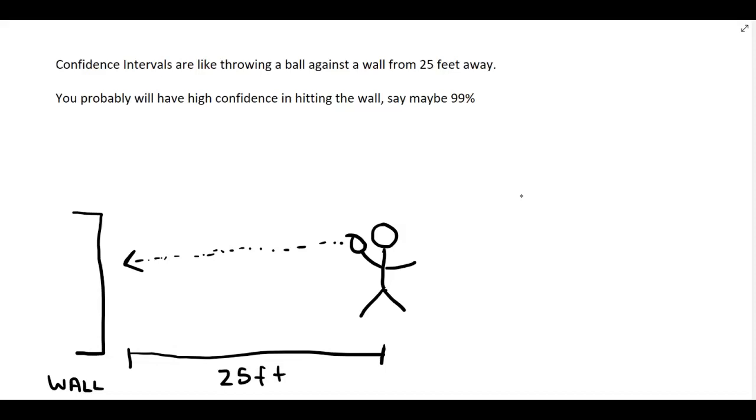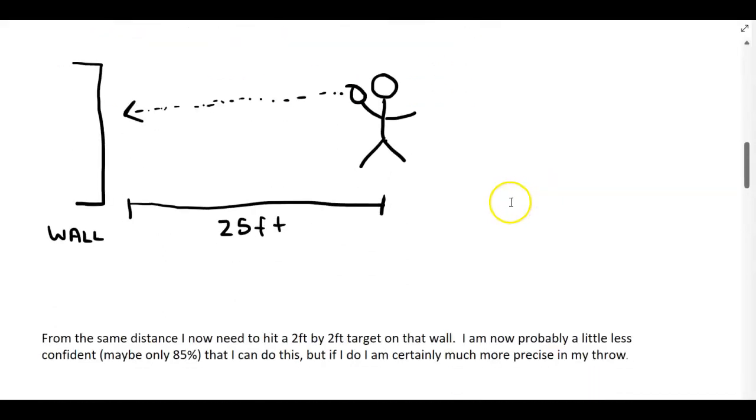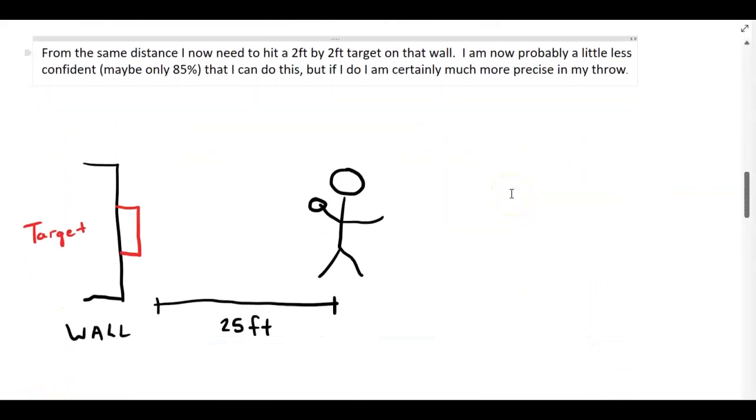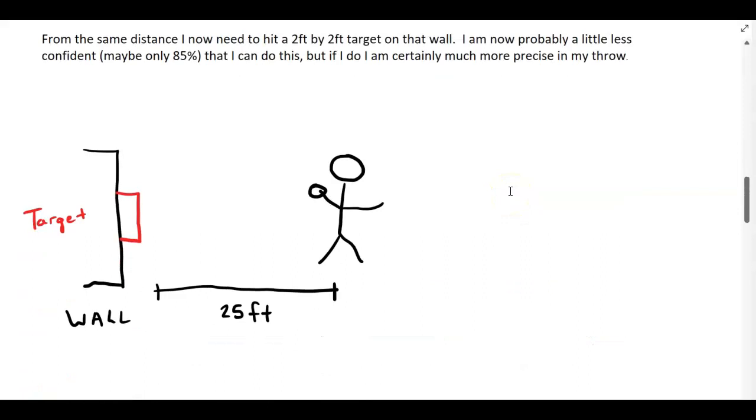Now, what happens if I change this scenario? I'm the same distance away, but I need to hit a target that's only 2 feet by 2 feet. I'm probably not going to be as confident in doing that, because sometimes I'll be able to hit the target pretty well, but other times I'll probably throw it too high, or maybe too low.